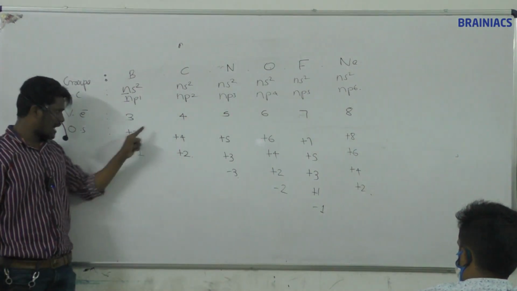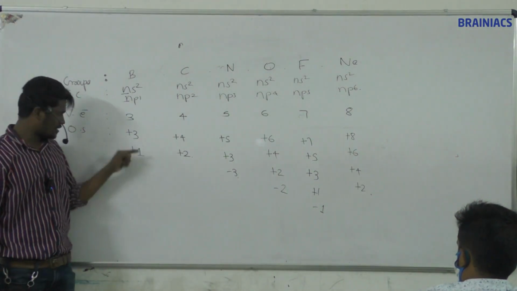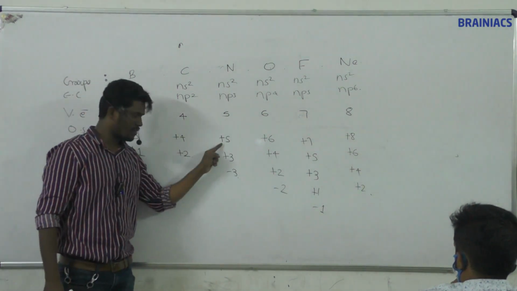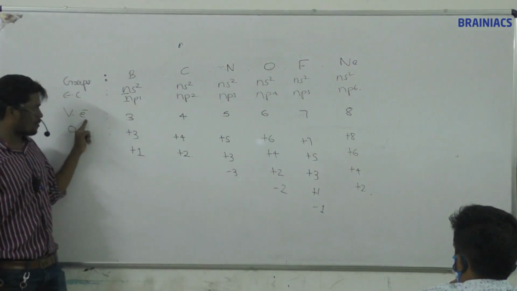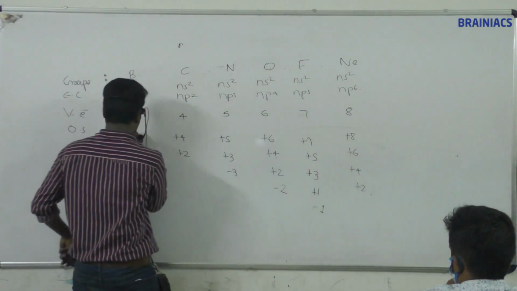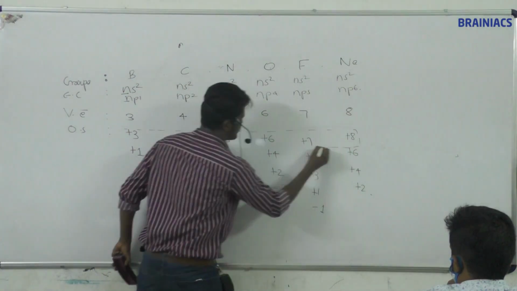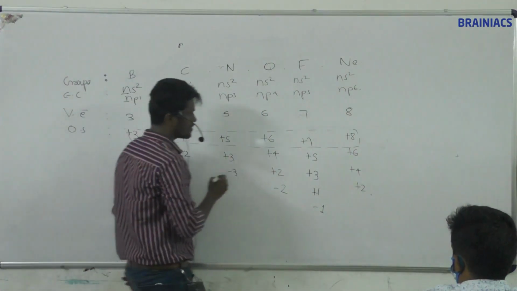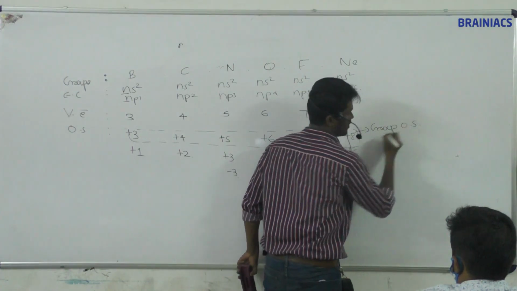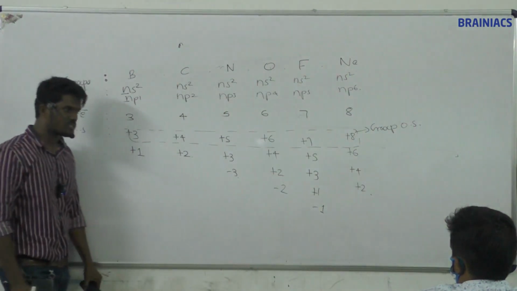So all these are higher oxidation states. What is the higher oxidation state here? Plus 3. Here, plus 4. All these are equal to what? The valence. So these oxidation states are called group oxidation states. What do you mean by group oxidation state?